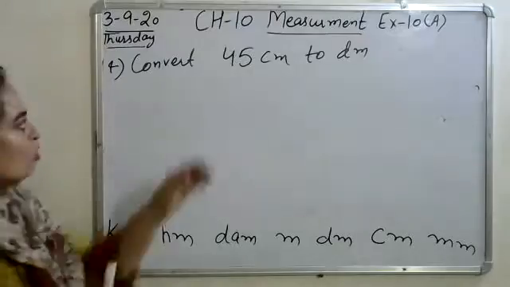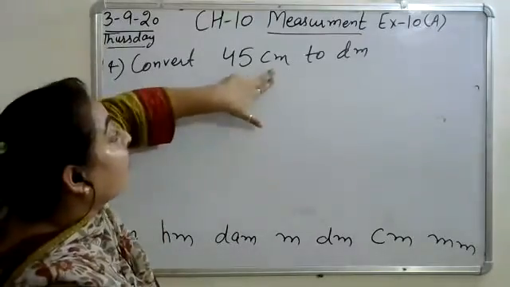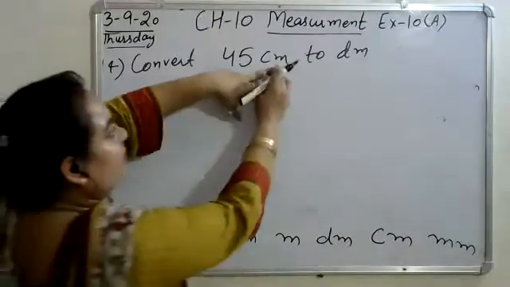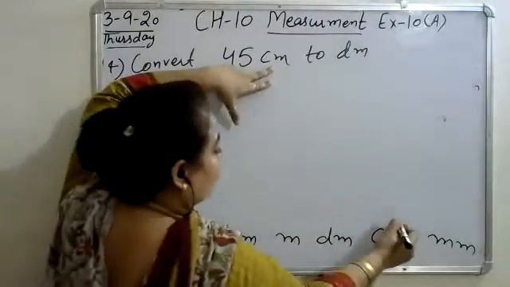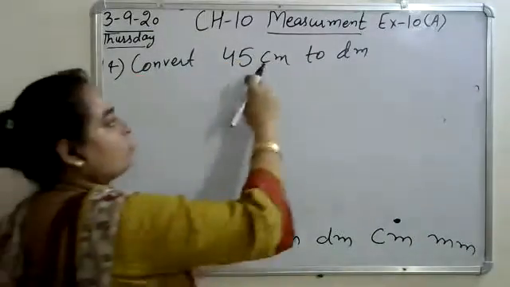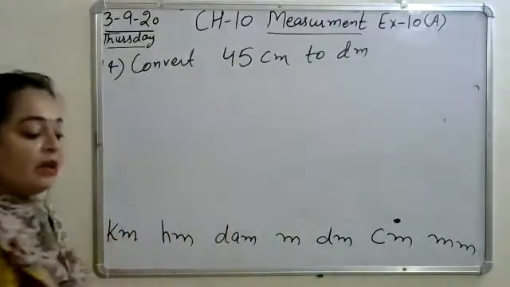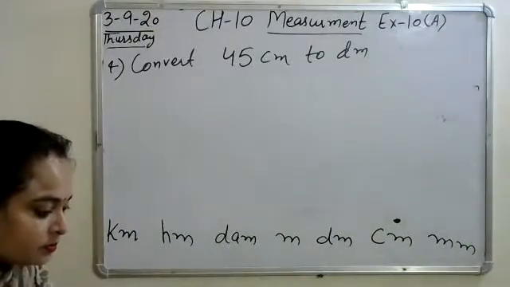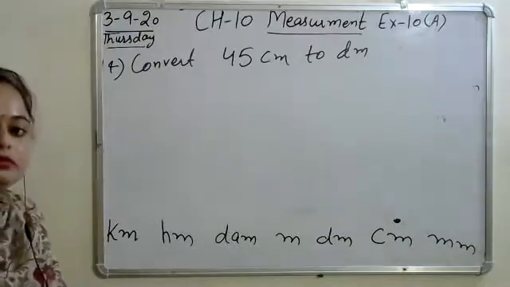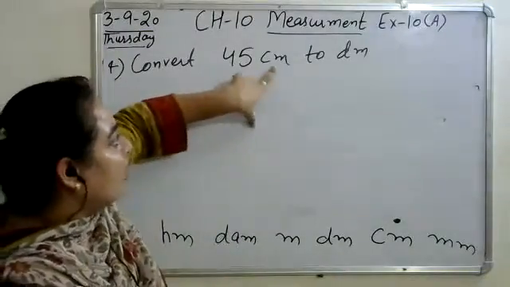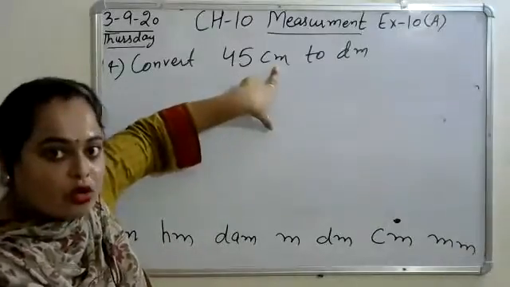Tell me. The question is to convert 45 centimeter. Centimeter is given. It means you are here. And the question is to convert this to decimeter. Now tell me, how can you convert this to decimeter? 45 centimeter unit is given to you.